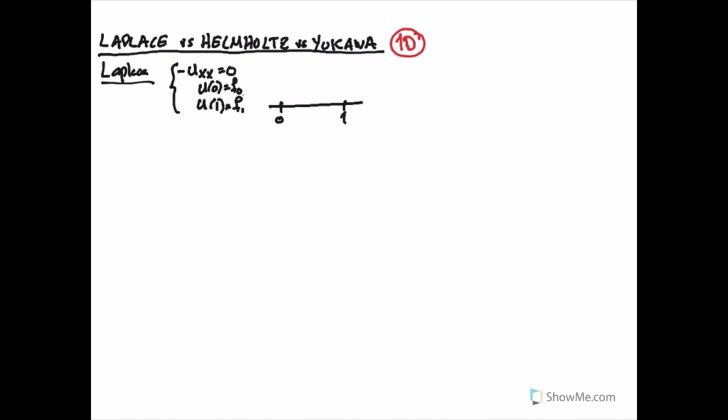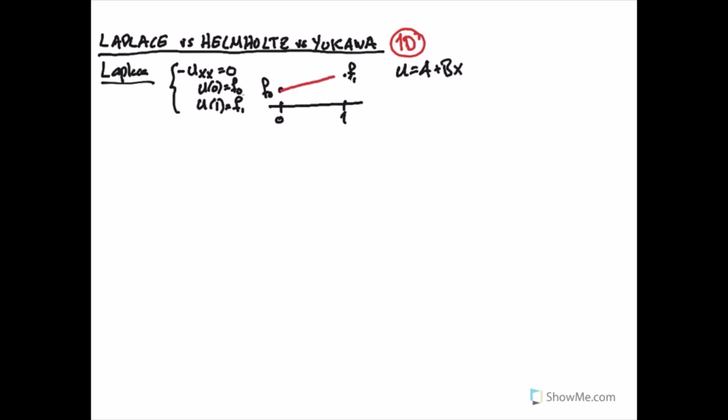The Laplace problem in one dimension is, of course, very simple. It's just that the second derivative of u is 0. We have some boundary conditions on the left and the right, f0 and f1. I just arbitrarily chose 0 and 1 as the start point and the end point of the interval. We know that the general solution to this very simple PDE is just a straight line.